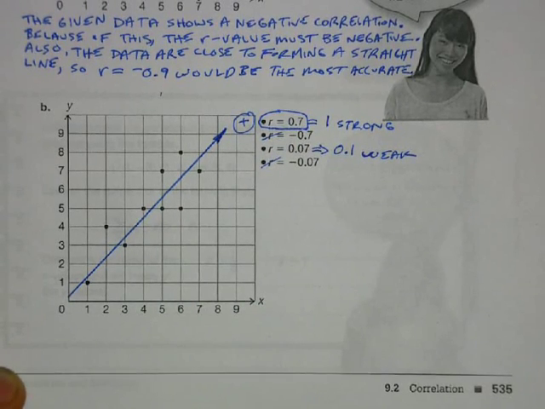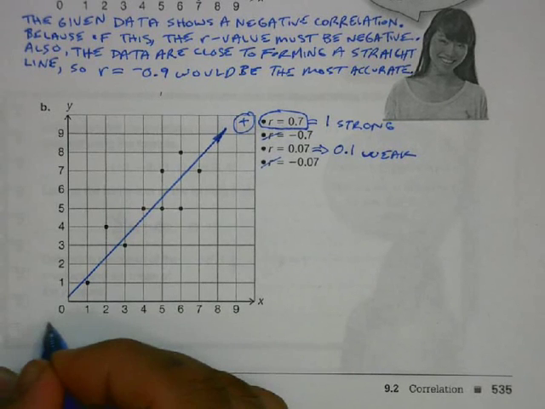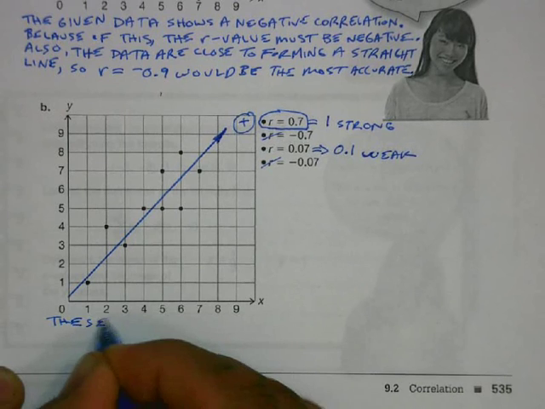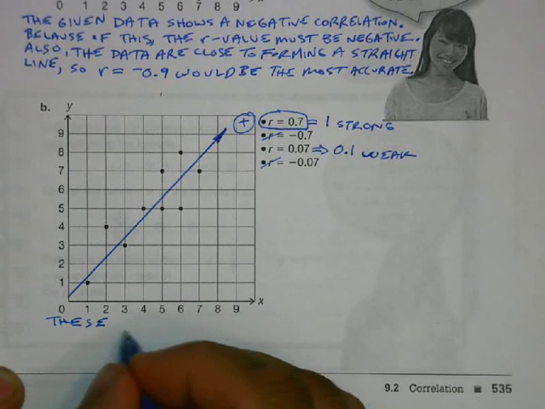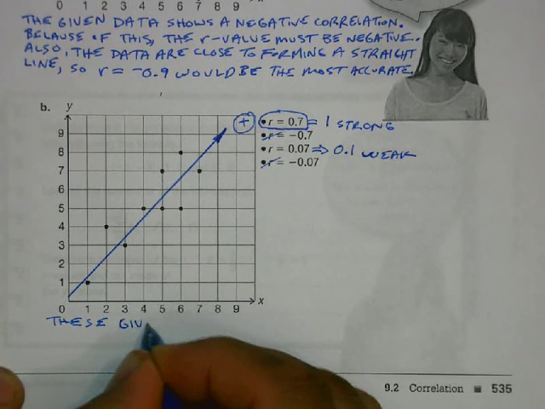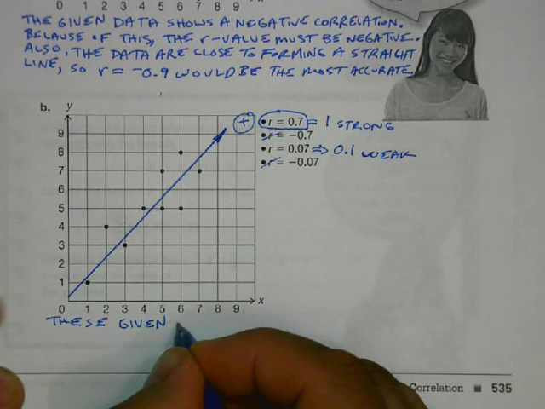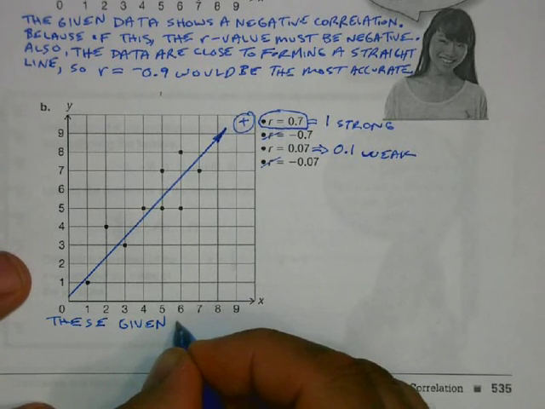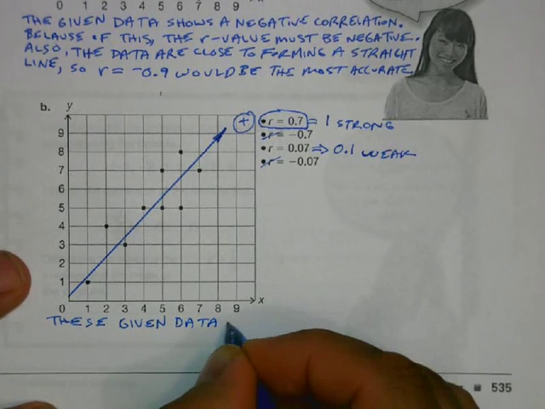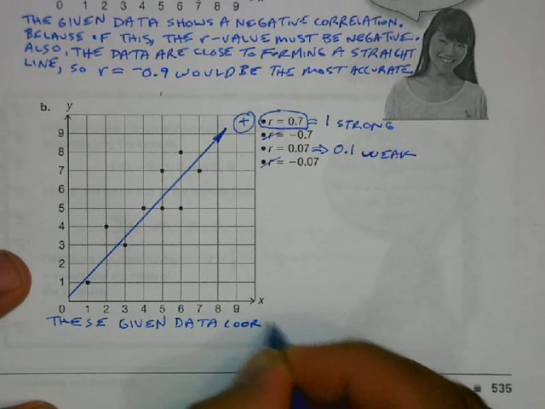So these given data coordinates show a positive correlation.